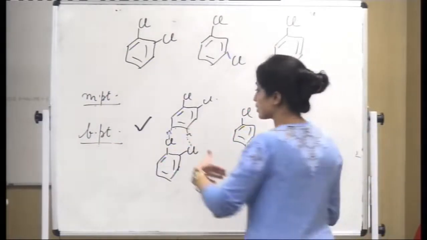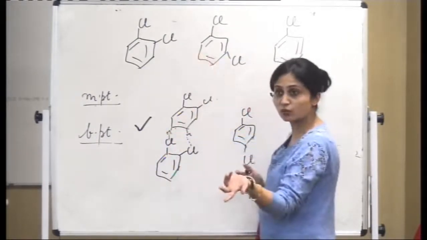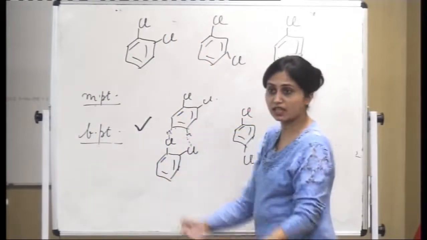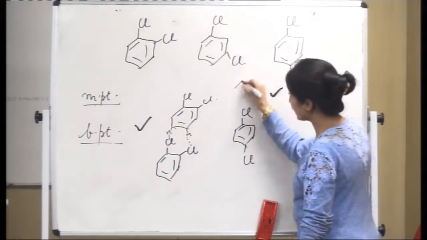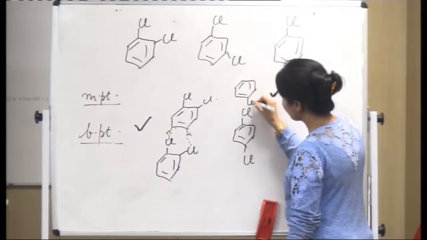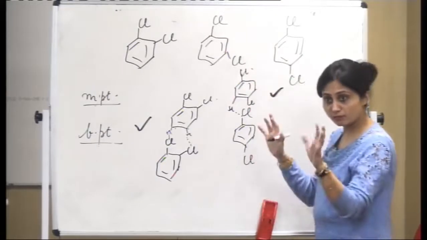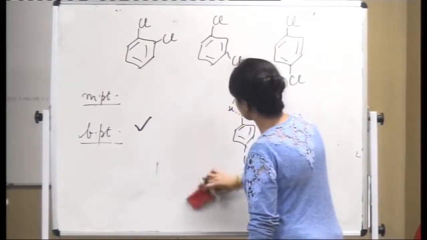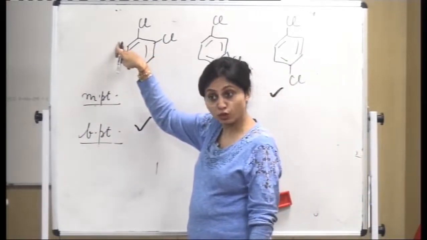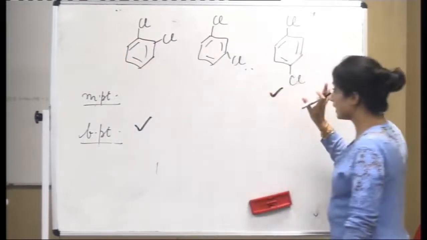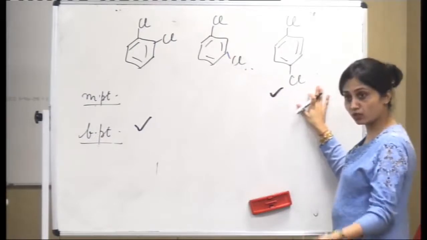In this case, the interaction of maybe some hydrogen with chlorine. The orientation of the molecule will remain the same throughout; the orientation may change a little, like getting tilted, depending on how you are taking your molecule. So in this particular case, the bonding is not that feasible for para. You getting some hint? So when you are talking about the boiling point, you are looking at the intermolecular forces. The highest boiling point will be that of the ortho substituted one, and the melting point will be the highest for the para one, because we are looking at the fitting into the crystal lattice.